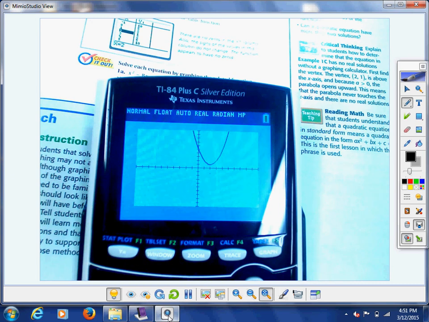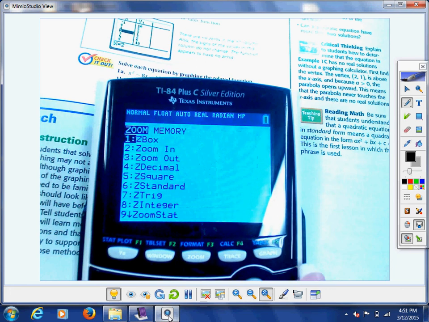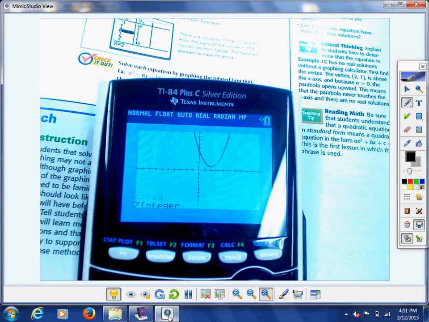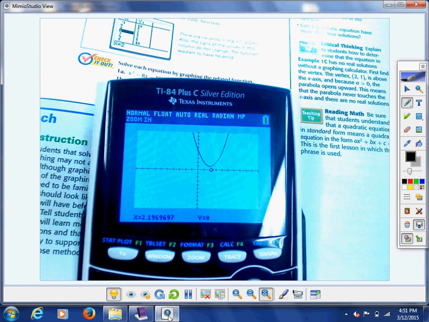Now, let's say you're a little too far away, and you're like, I can't tell if it's touching the x-axis. Is it above the x-axis? You can press the zoom button. Okay. So if we hit zoom, we're going to tell it to zoom in. We want to get a little bit closer, and it's going to pop up a little cursor, and we're going to move that cursor right where we want to see it.